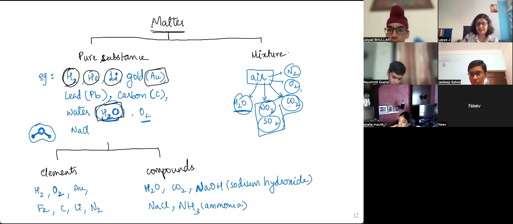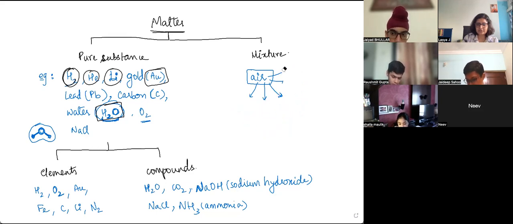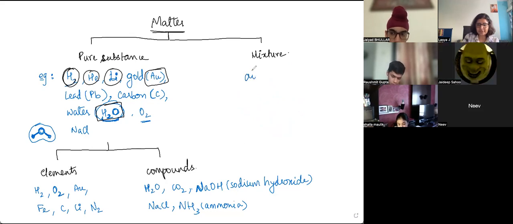If you haven't noted down the examples yet, there are going to be more things under mixture, so manage your space based on that. I'll just erase this for now. Right. So air is a mixture.